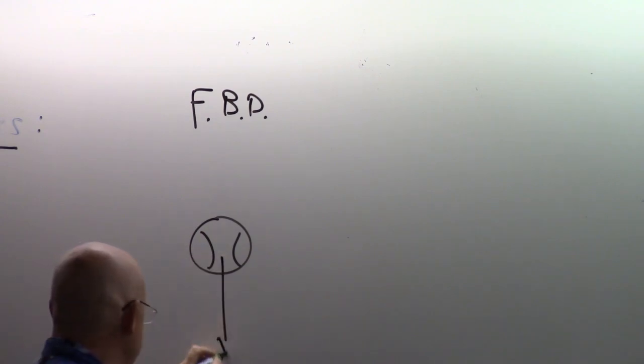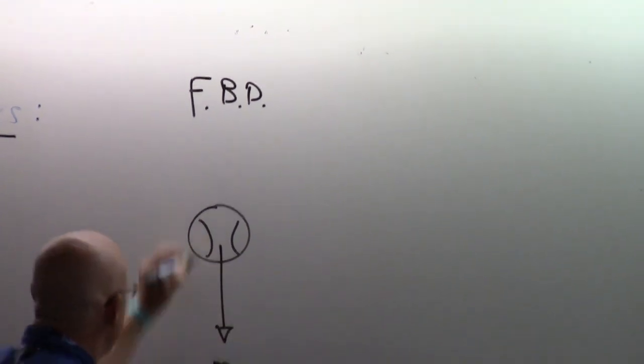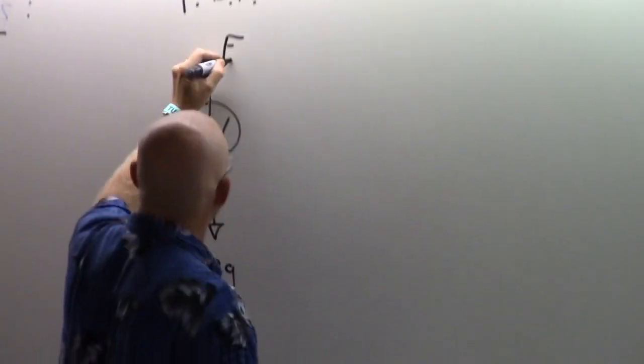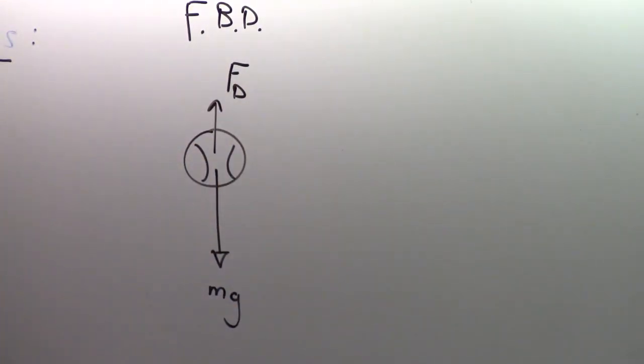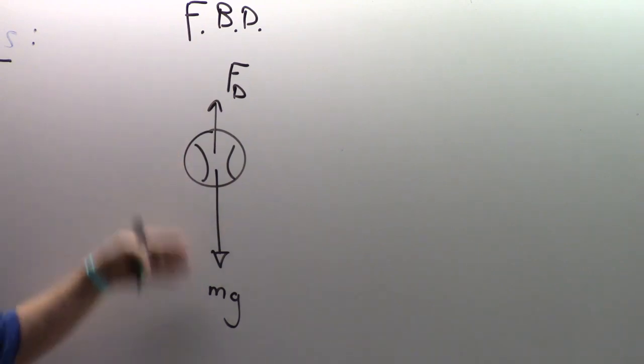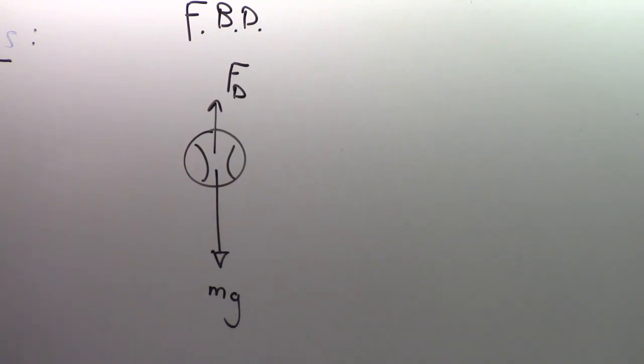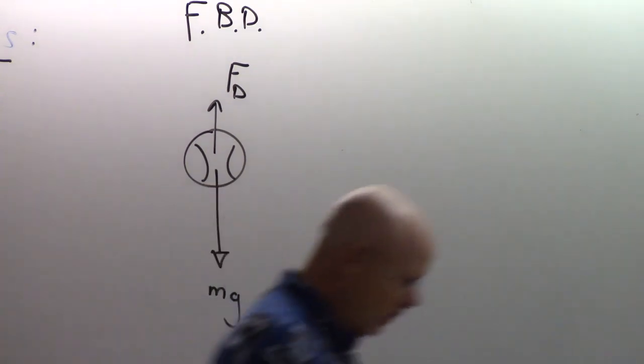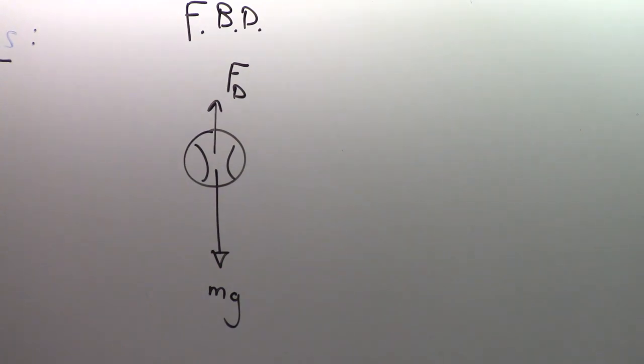So I'll put, here's gravity, mg, and here is the drag force. And of course, up to this point, we've kind of ignored the air resistance, and we just said that the force would be its weight, mg. But now when I put here the drag force on here, it brings up the question like we just had.